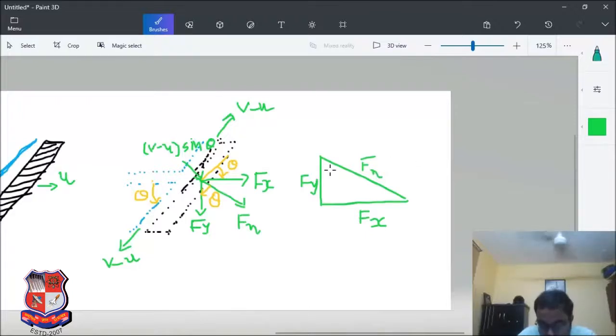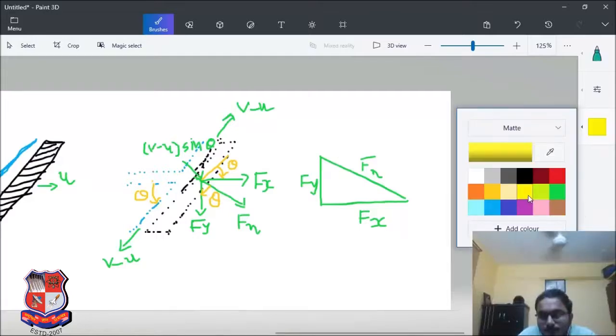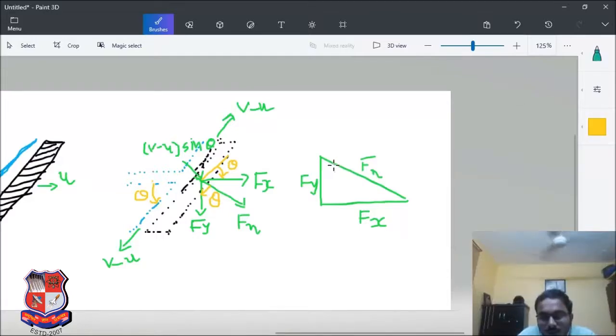As this angle is theta, this will be 90 minus theta.